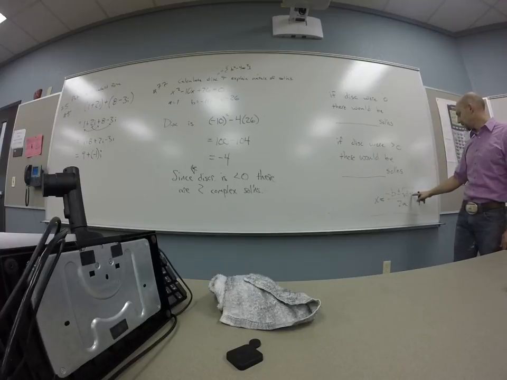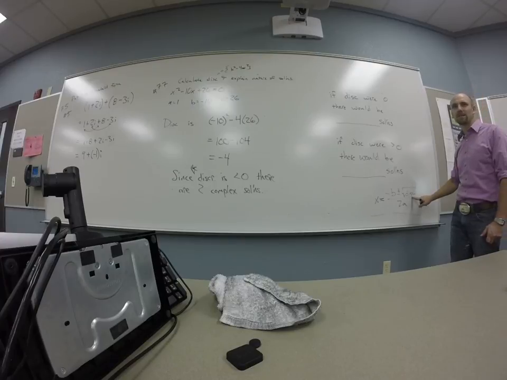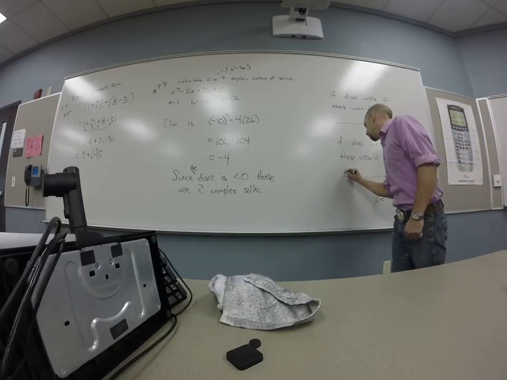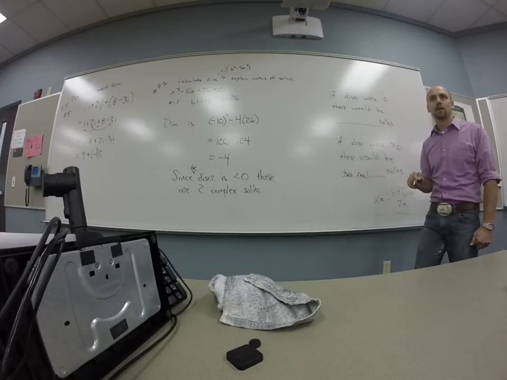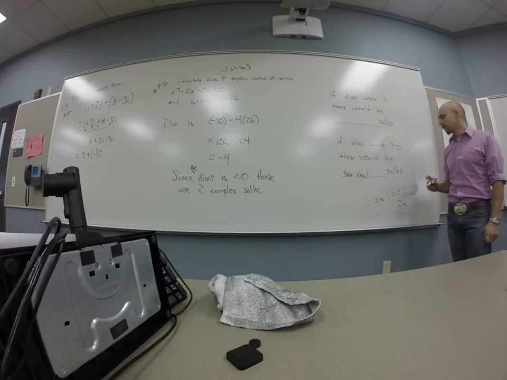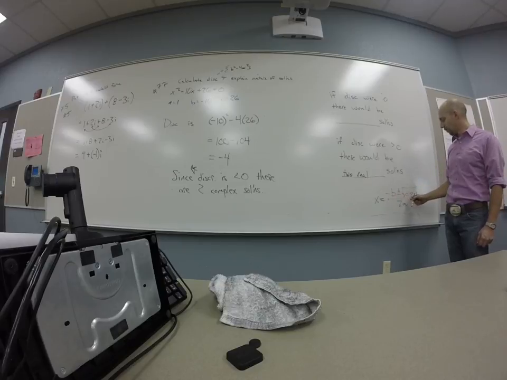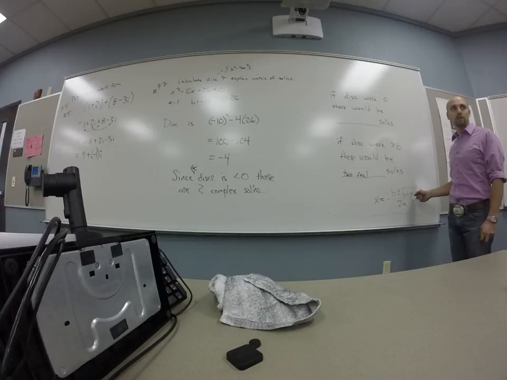If the discriminant's positive, how many solutions are there? 2, and what kind of solutions are they? Usually they're positive and negative, but not necessarily. They're real at least. 2 real solutions, because I'm just adding negative b plus or minus the square root of something that I can calculate. It's not complex.